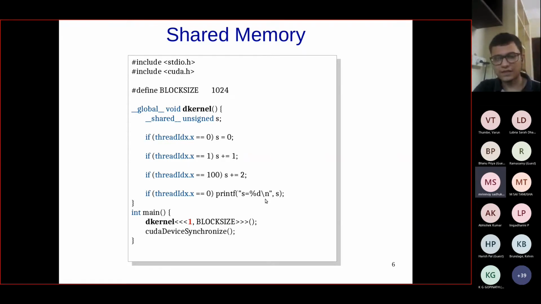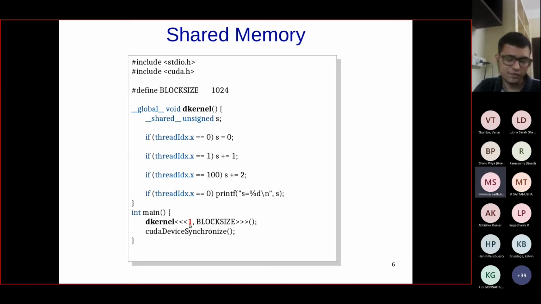The kernel is launched with 1024 threads, and then we have this cudaDeviceSynchronize, so the CPU will wait here for all the threads of this kernel to finish. Then I'm declaring this variable s to be shared across all the threads of the thread block.